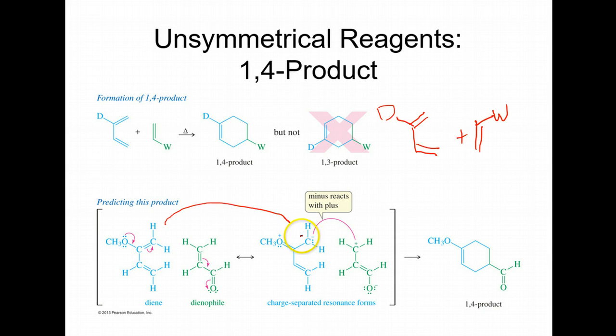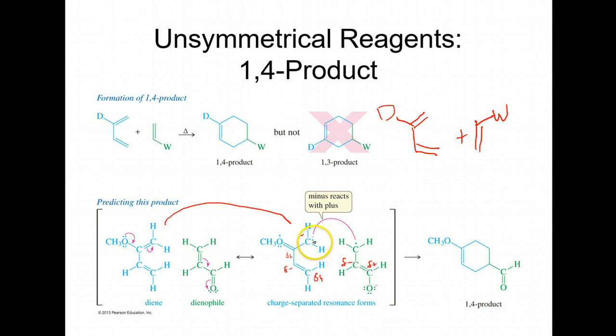So in a sense, you have a negative here, a partial positive here, a partial negative here, and a partial positive here. Now, if you look at the resonance of your dienophile, this can pop to here, that to pop to here, putting a plus charge here, partial minus charge there, partial positive there, negative there.